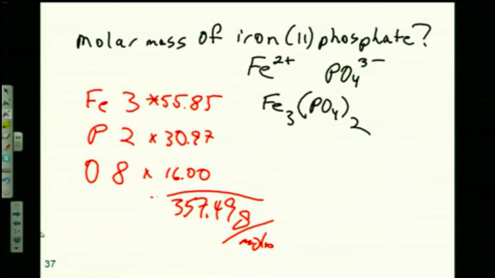But when you say, hand me the iron(II) phosphate, you should know what that means. It's the terminology, the language that we speak. So if somebody says, hand me the magnesium sulfate, you hand them the right stuff. These ionic compounds are very common. Even if you want to be a vet tech, you'll see these terms all the time.